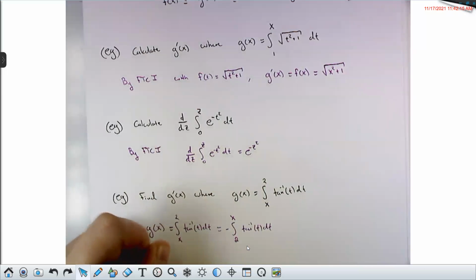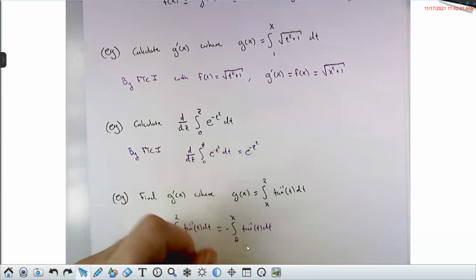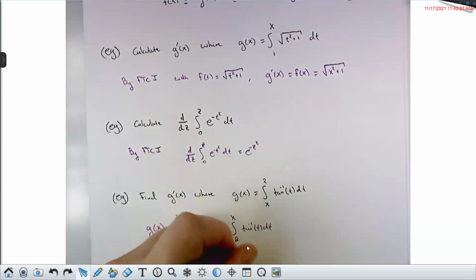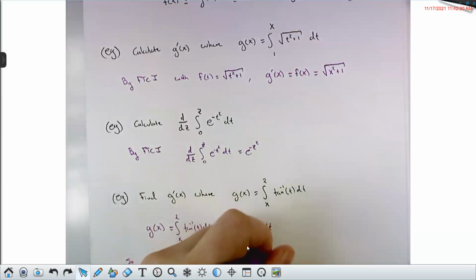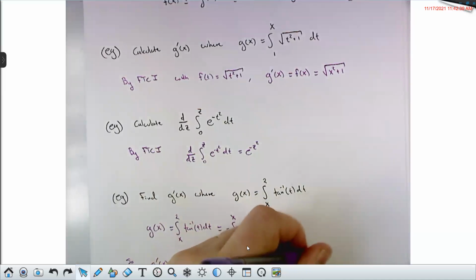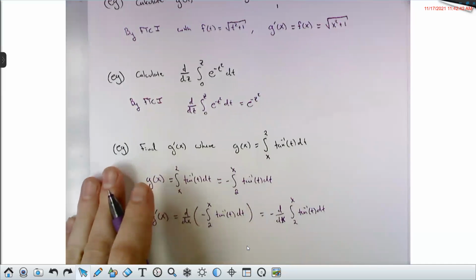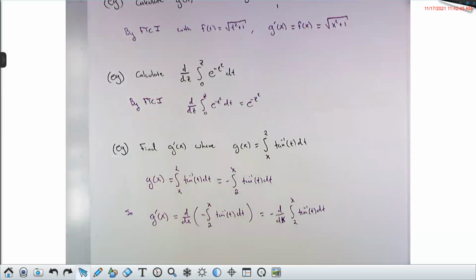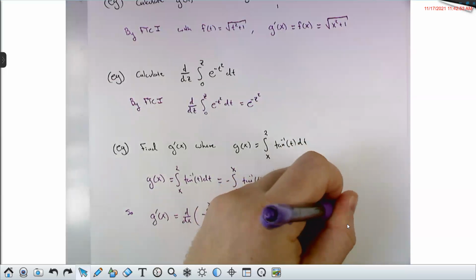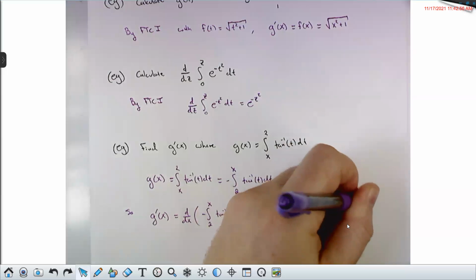So g prime of x would be d dx of negative integral from 2 to x of the inverse tangent of t dt. Sorry, the negative comes out front: negative d dx of the integral from 2 to x of the inverse tangent of t dt. And now the derivative is ready for FTC. This is the derivative of the integral from some constant up to x of this function. So this would be negative inverse tangent of x.